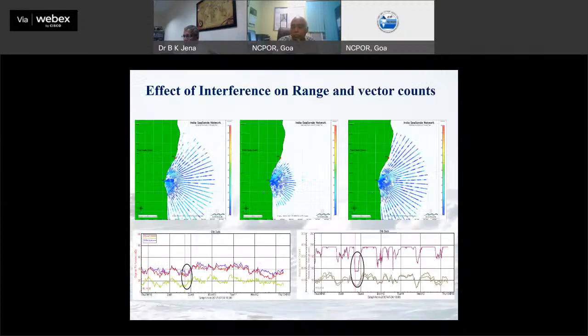And I have put some more examples of how the range has reduced due to even this location. It came to less than 100 kilometers, 90 kilometers once. So these are the things that happen due to ionospheric interference and environmental conditions.